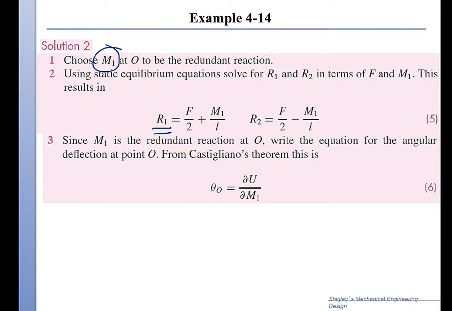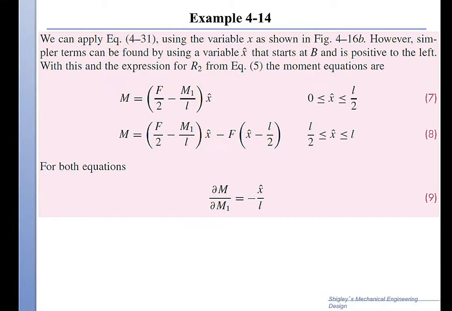But in this example, since we're going to use Castigliano's theorem and the fact that the rotation is 0, I'm going to choose M1. So I have R1 and R2 in terms of F and M1, and Castigliano's theorem will give us that the rotation at O is equal to 0 as an additional constraint or equation.